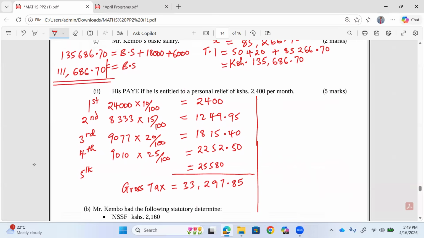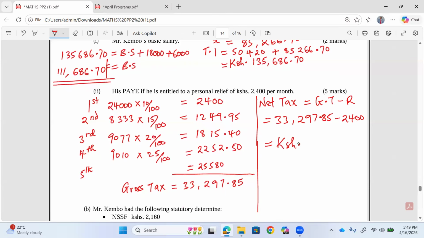Net tax is going to be, when we pick the gross tax and we subtract relief. So the gross tax, and we subtract the relief on the taxation, 2400.